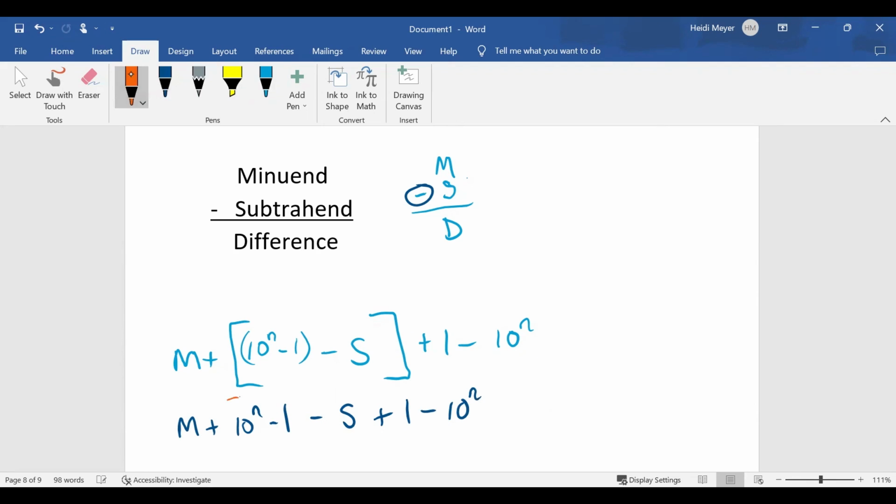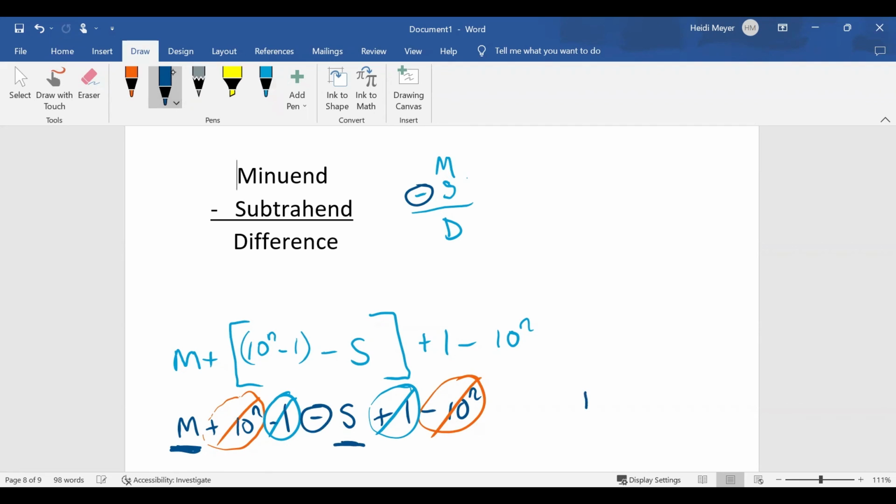And once again, we notice that I have plus something and minus that same thing, so we get cancellation happening. And again, here I have plus something and minus that same thing, so we get cancellation happening again. And what's left, once we do that, is m minus s, the value of which is the answer to your problem.